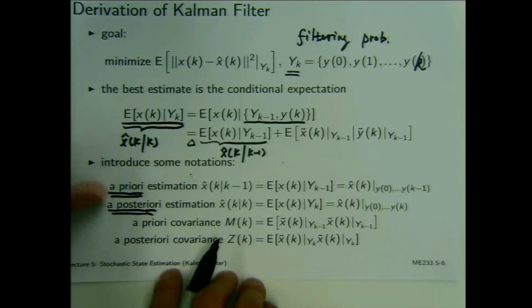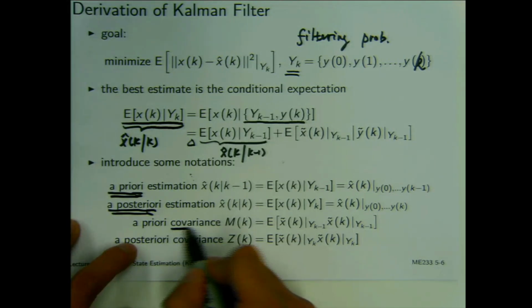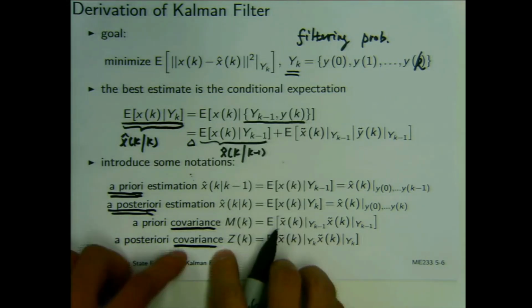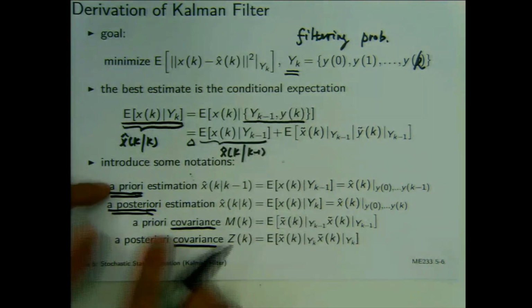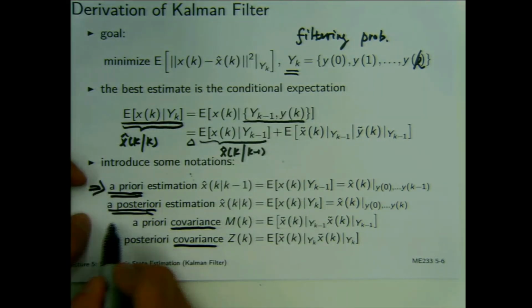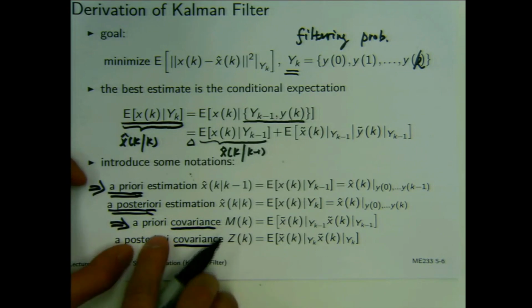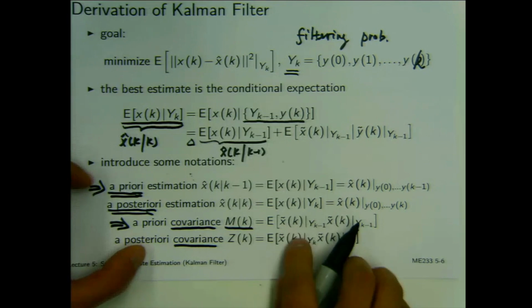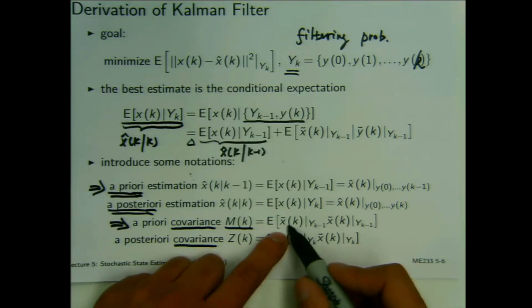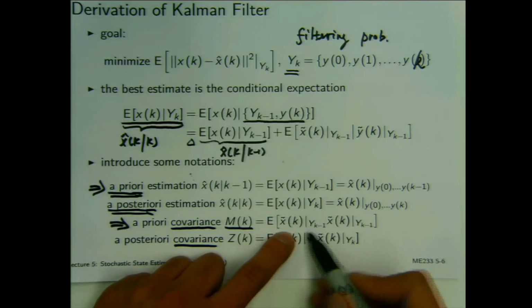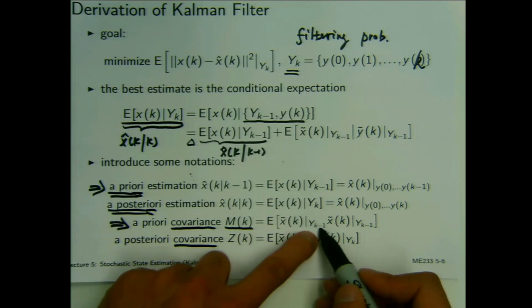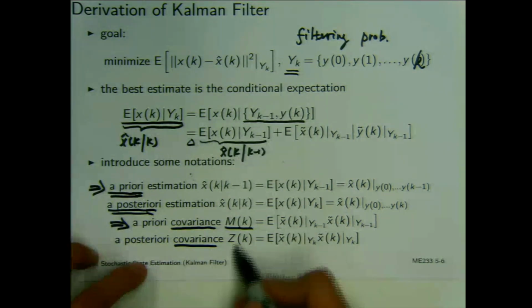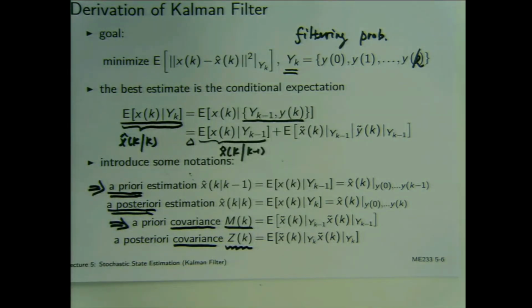Because we have these two estimations, we need to express the covariance of the estimation errors. For the a priori estimation, we express the estimation error covariance as M_k. As you can see from the definition, it's the covariance of the residual error of x_k given y^{k-1}. Similarly, we use Z_k for the a posteriori covariance of the estimation error.